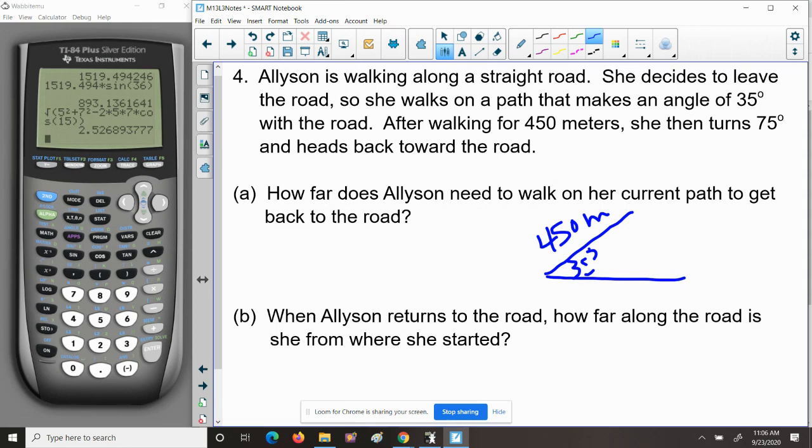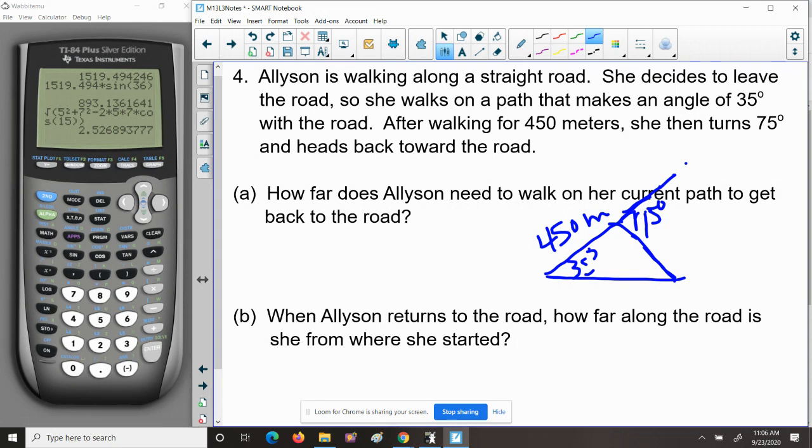Okay, and then she turns at an angle of 75 degrees. Now, she's walking facing this direction, right? That's the direction she's walking in. So when she turns 75 degrees, that 75 is right here, okay? Because that's how she's facing. She turns 75 degrees and starts walking.